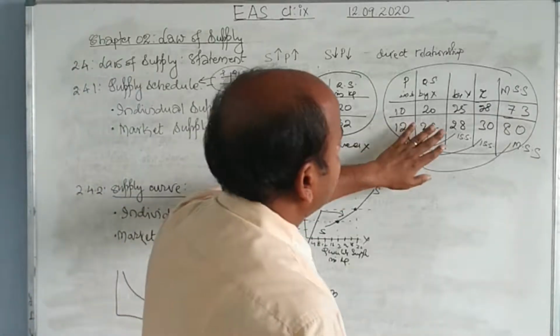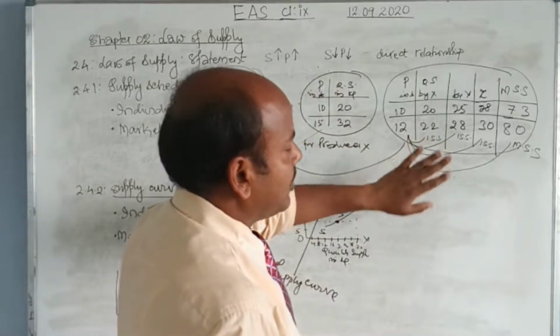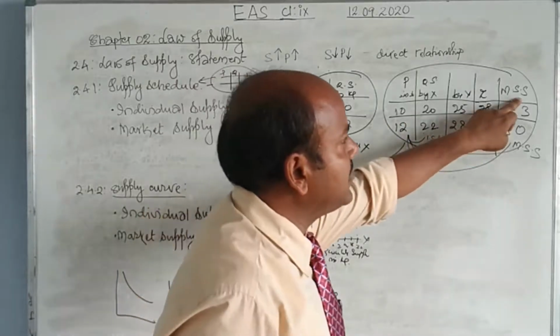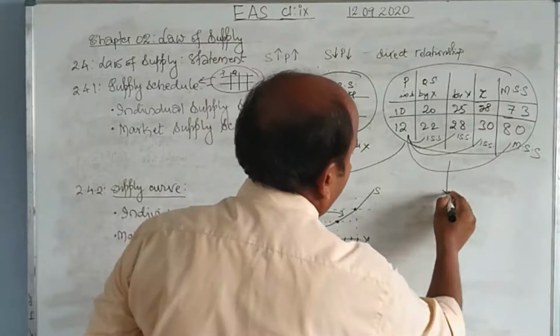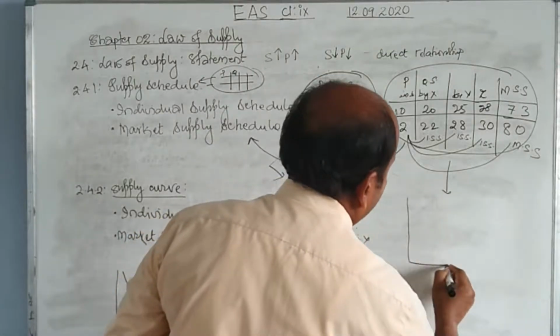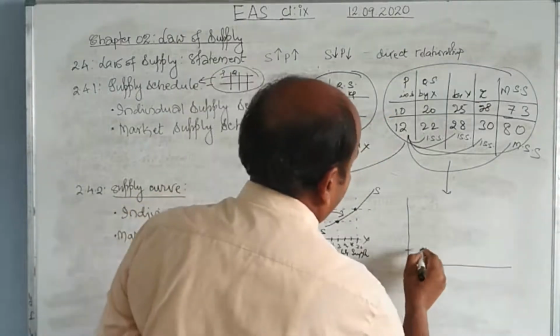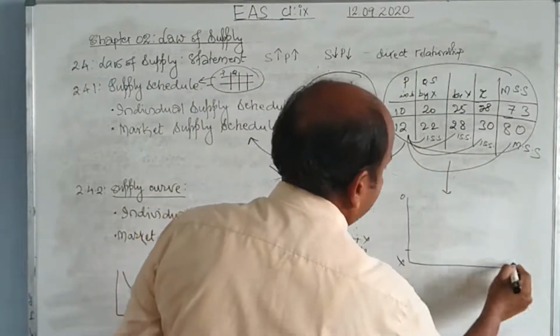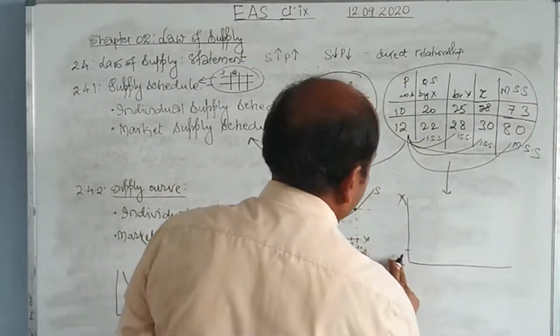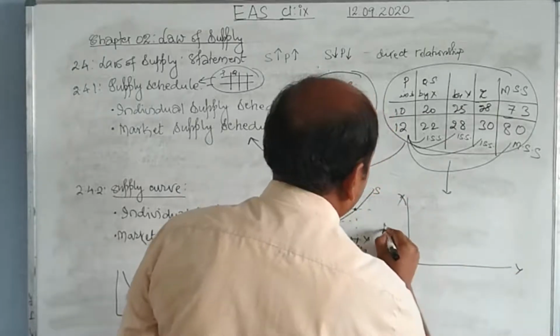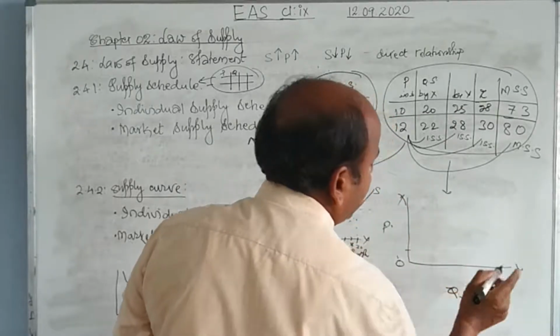Now, based on the market supply schedule, we can draw the market supply curve. Together I'll draw. O, X, X, O, Y: these are price, these are quantity supplied. You fill up yourself.